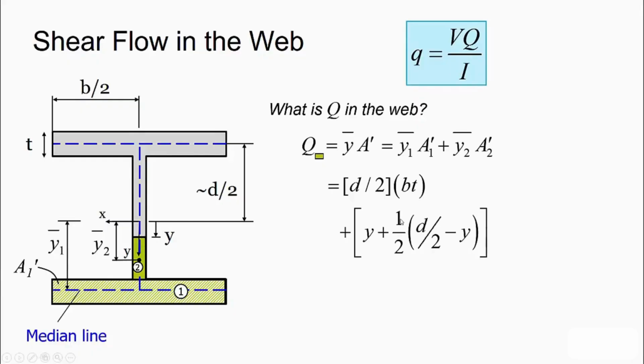So it's plus 1/2 times d over 2 minus y. Okay. Then we have to look at the area of that second compound area, and that will be the thickness times this height, which we already established was d over 2 minus y.